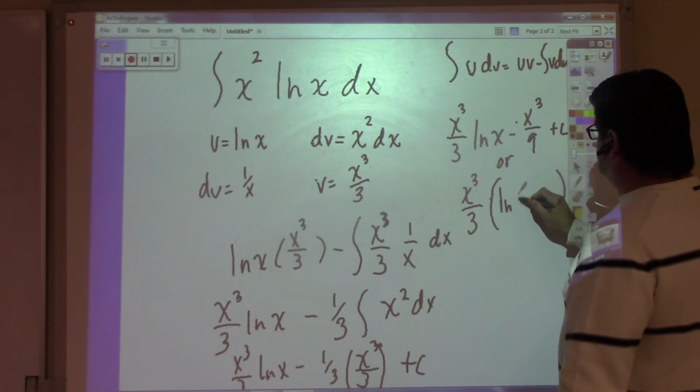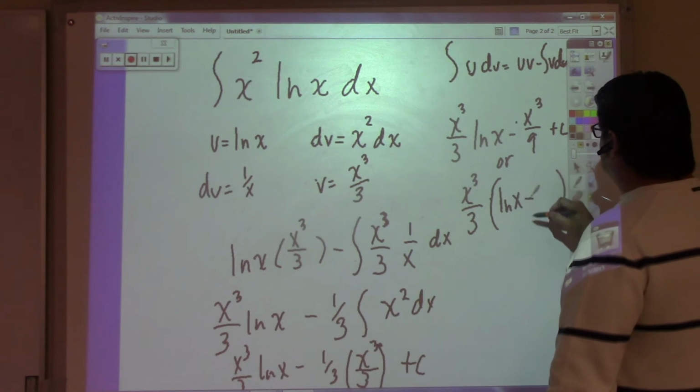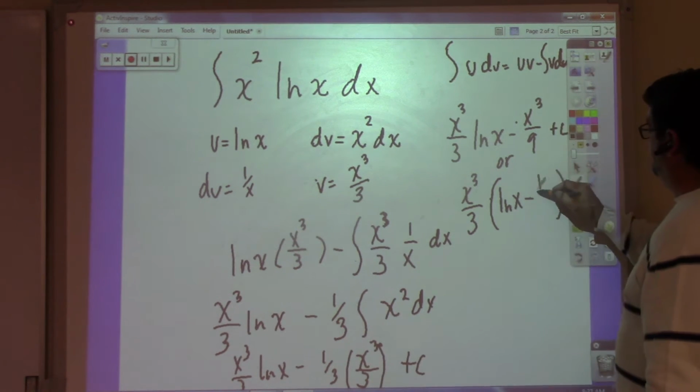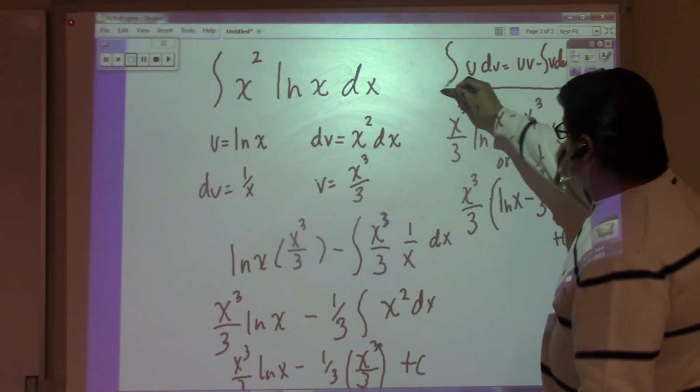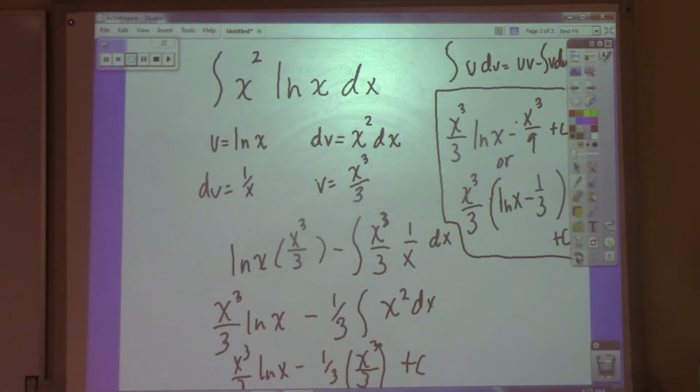I don't know why this thing's not writing good. Minus what? 1/3. And plus c. So all you have to remember is ultraviolet minus voodoo.